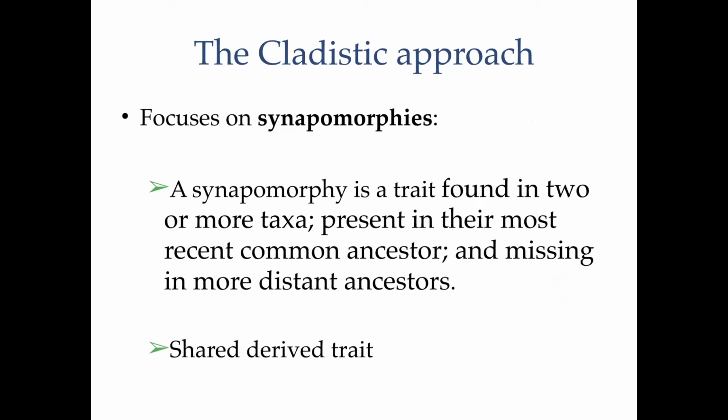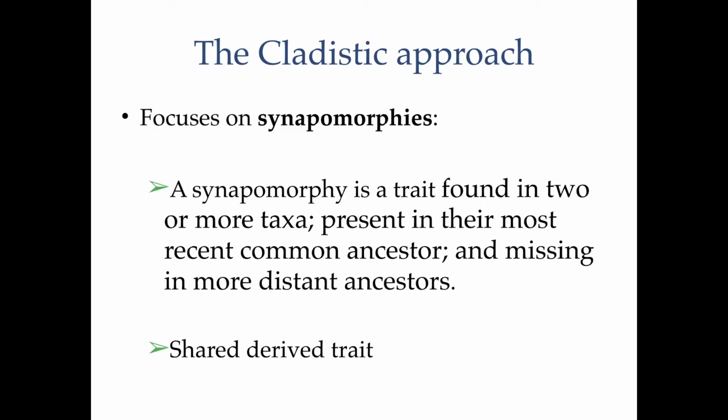Great, so some of those characteristics that we were using are actually called synapomorphies, and that is the core of our cladistic approach. So what is a synapomorphy? It is a trait that is found in two or more taxa. It is present in their most recent common ancestor, but it's missing in more distant ancestors.